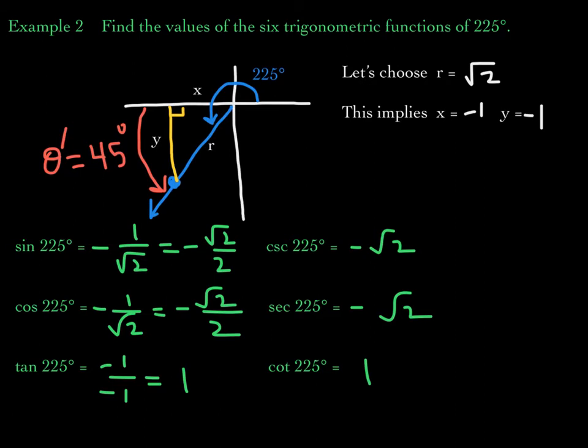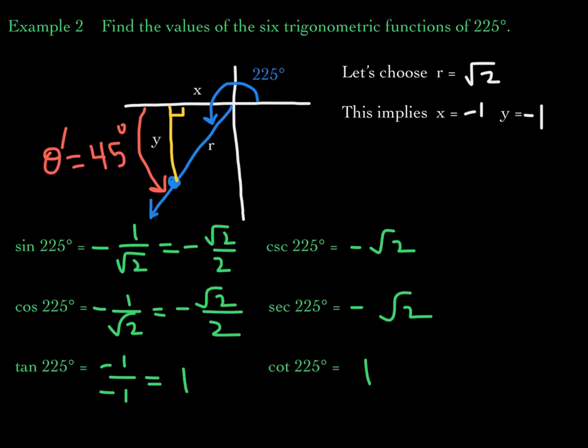The signs are different for sine, cosine, secant, and cosecant, right? Because 225 degrees is a quadrant 3 angle. But these results suggest a shortcut for finding the trig function values of a non-acute angle by using the reference angle.